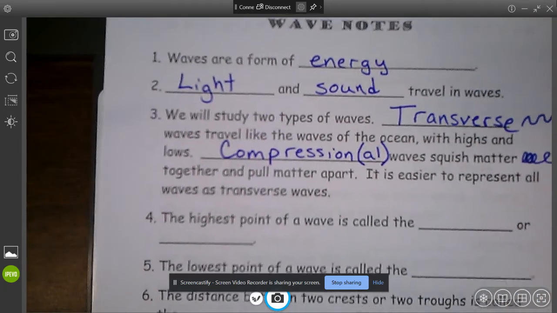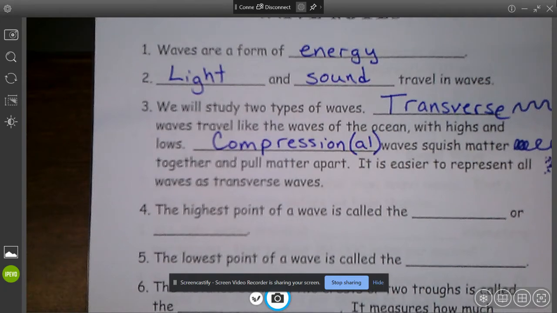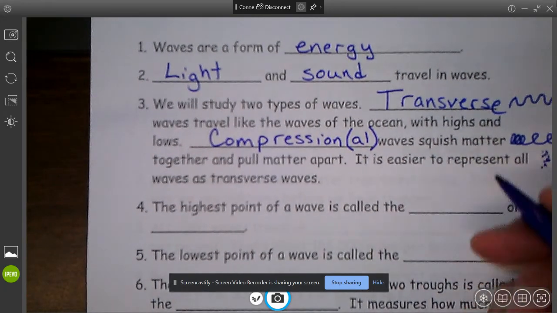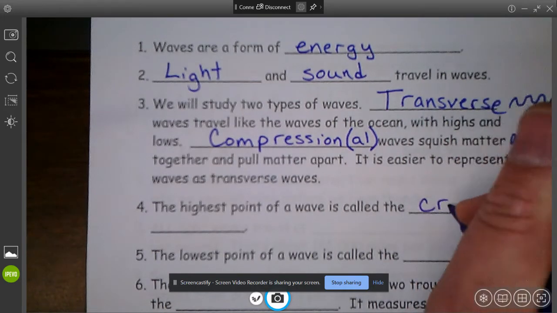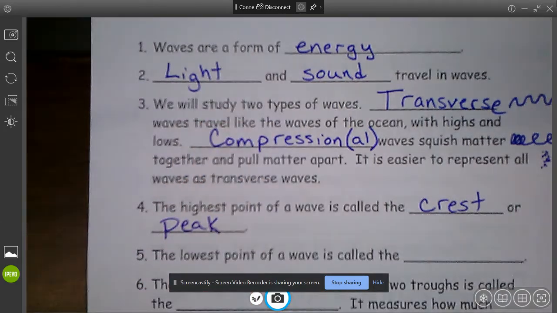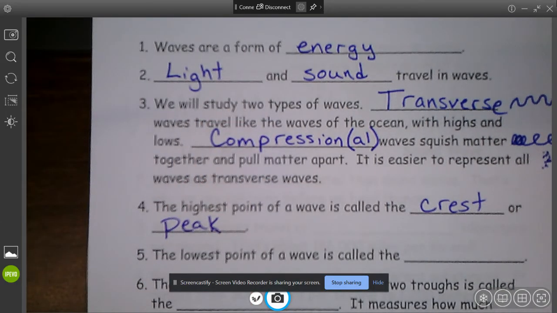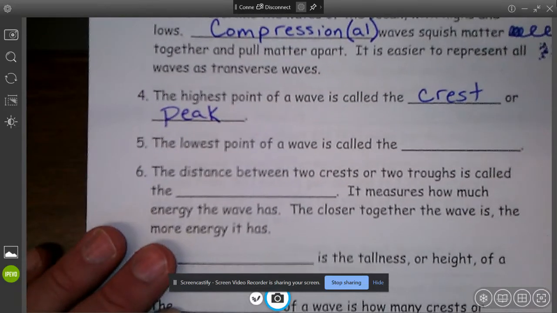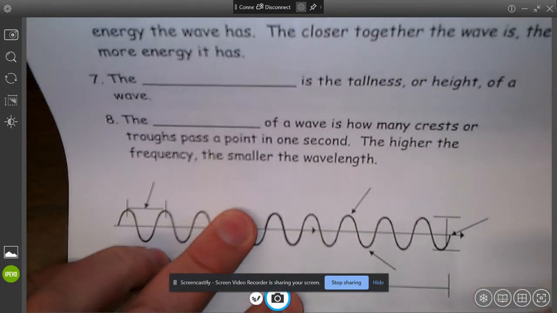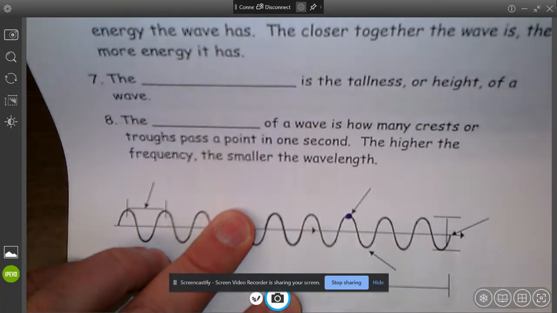Okay. When we talk about the wave that's a transverse wave, there's different parts. The highest point of the wave is called a crest or a peak. And normally I will use the word crest, but it's the same thing. Crest and peak are synonyms. It's the highest part of a wave, crest and peak. So if we look at the diagram at the bottom, you'll see an arrow that's pointing to this top point of the wave.